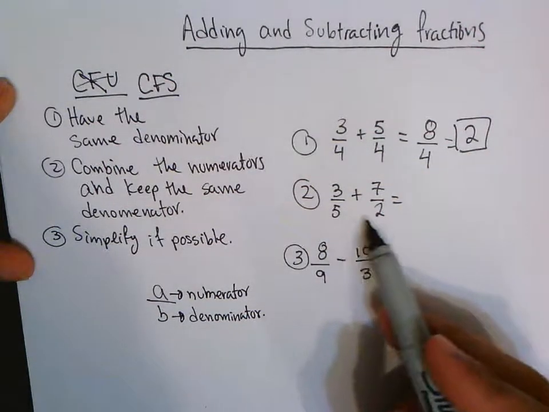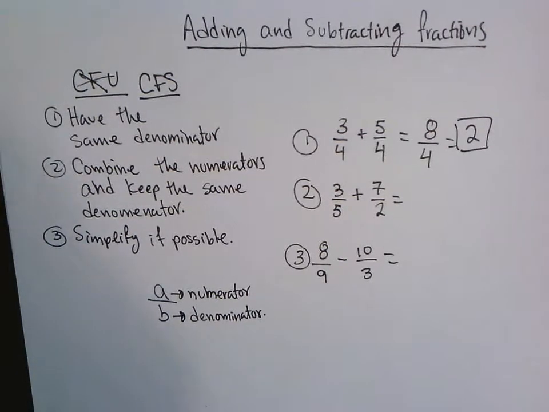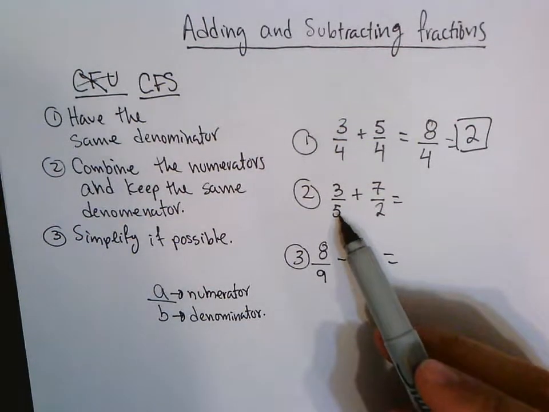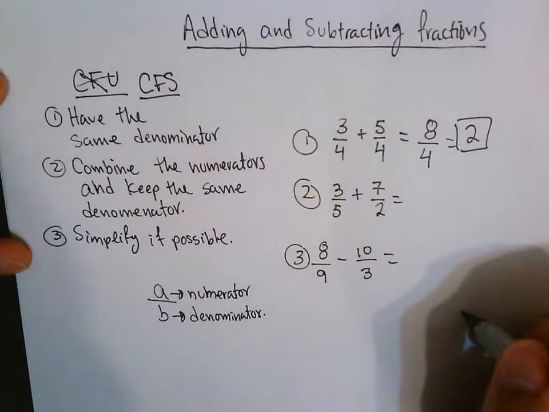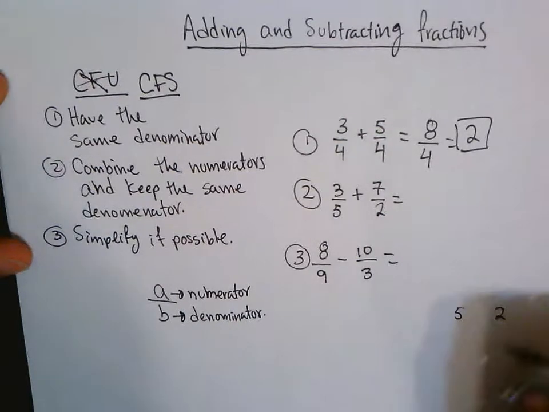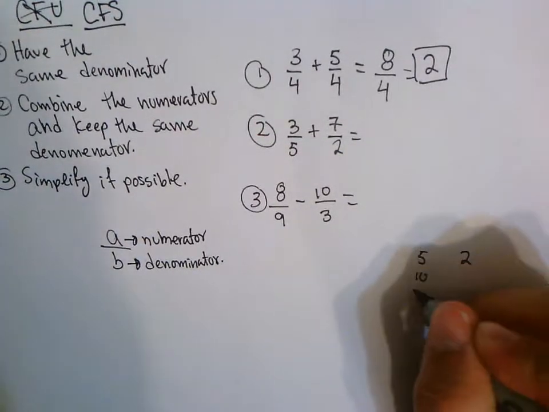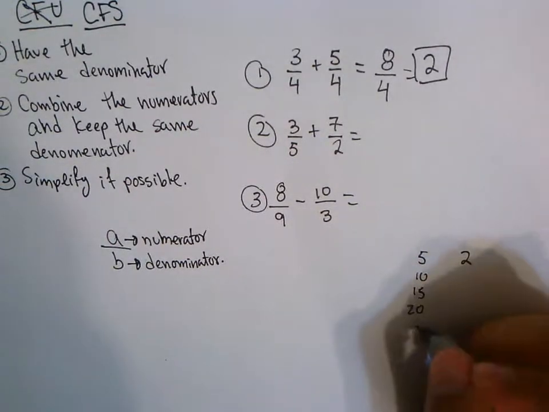On the second one, I don't have the same denominator, so I need to make them the same. And here's what I like to think about. I need to think about the least common multiple that exists between 5 and 2. And if you create a list, the multiples of 5, we have, well, 5, 10, 15, 20, and so on.